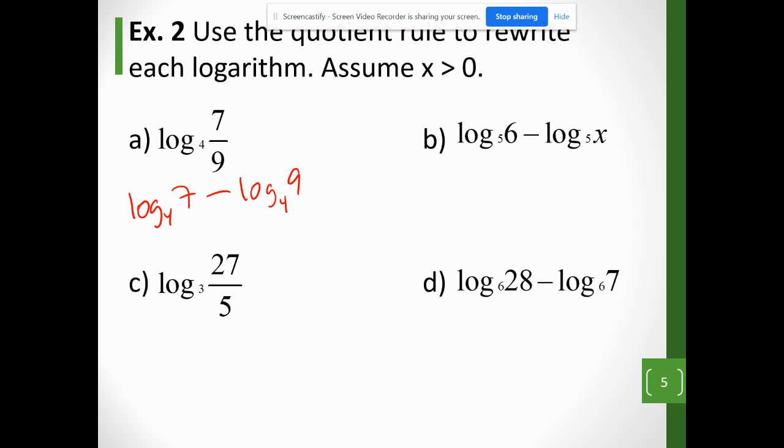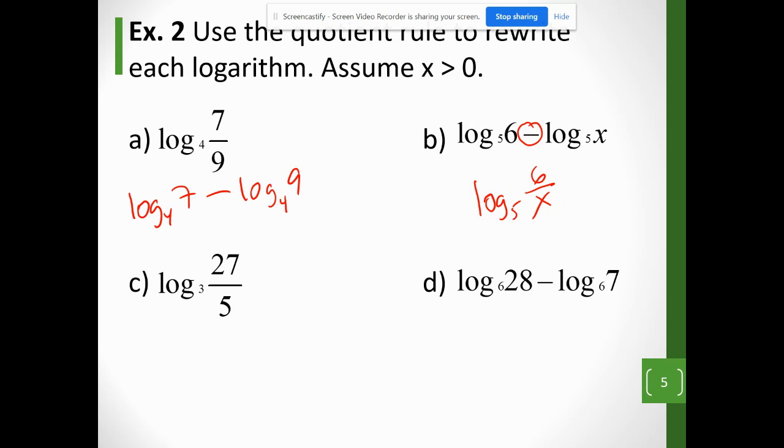Simplify each logarithm if possible. Now, example B, I'm given this as a minus in between 2 logarithms. So in this case, I'm going to condense it. I'm going to say log base 5 of 6 divided by x. So I make it into a fraction, 6 divided by x.